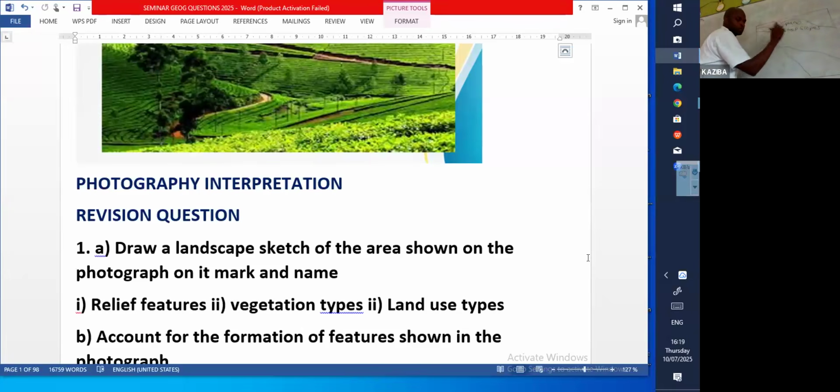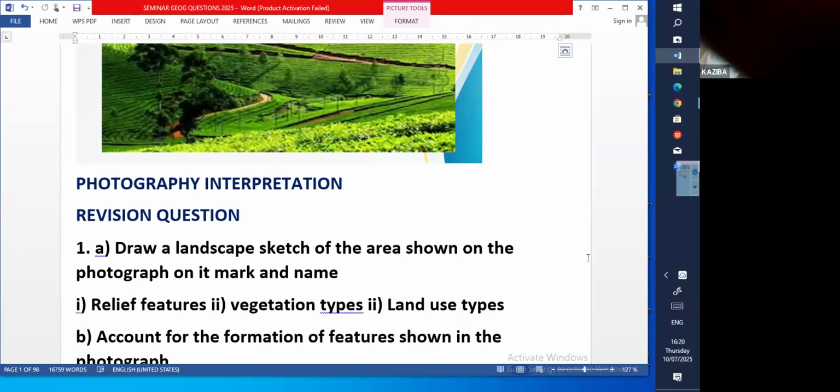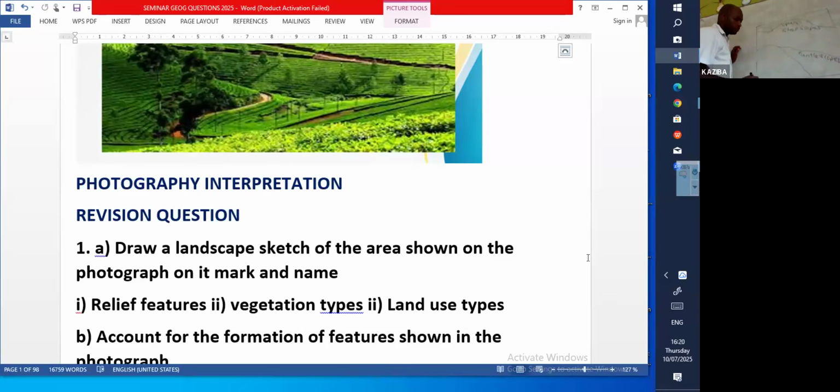So those are steep slopes. Then from steep slopes, around here I have gentle slopes. And then from that, you look for land use types.